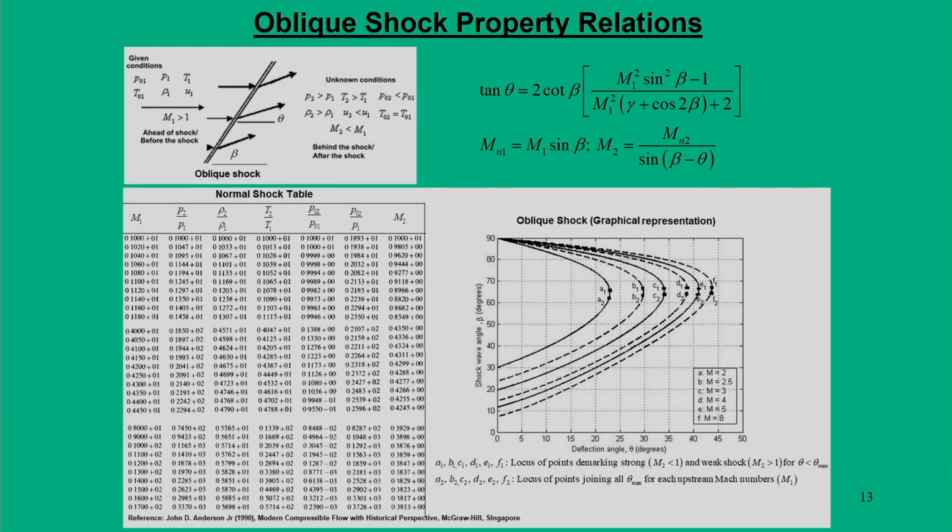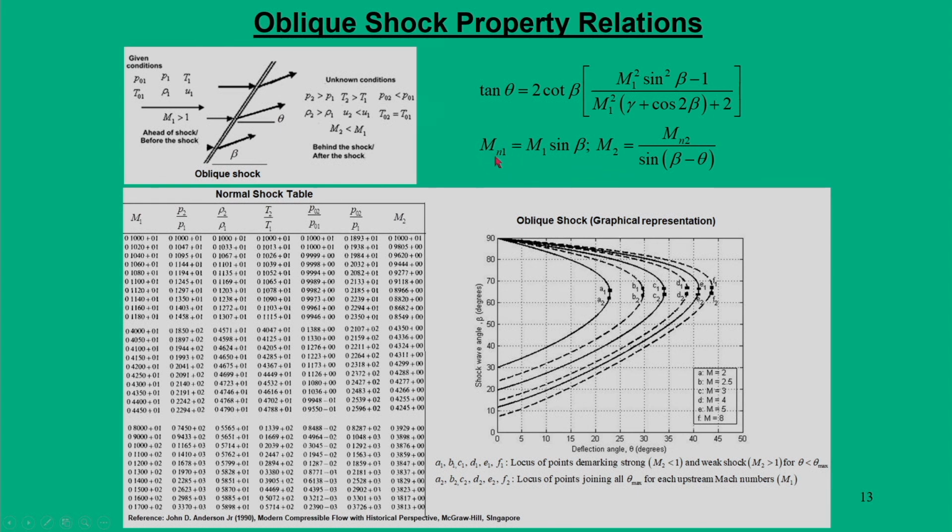By doing so, we have turned the oblique shock problem into a normal shock problem, where it is very easy for us to refer to the normal shock table. So, given an oblique shock problem, first you change it to a normal shock problem. How do you do that? By calculating the normal shock Mach number Mn1.